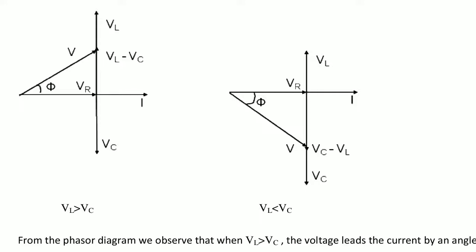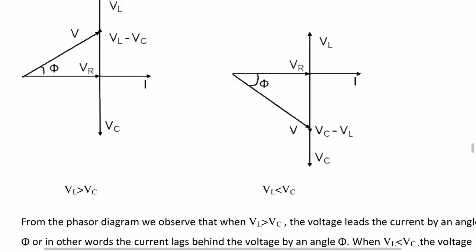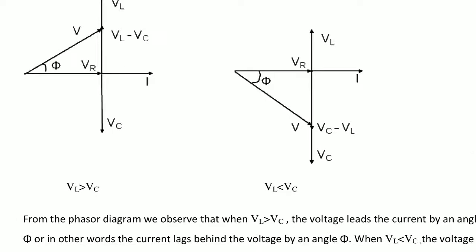Here VC is dominating, that means VC is more than VL. Here the resultant is only VC minus VL, so the phasor diagram goes to the downward side.